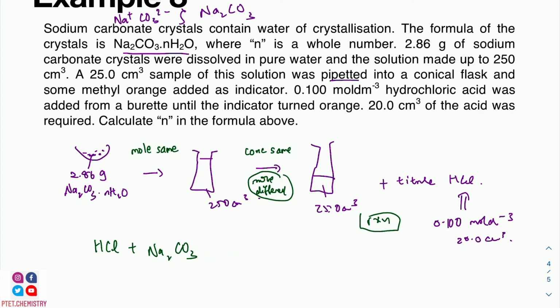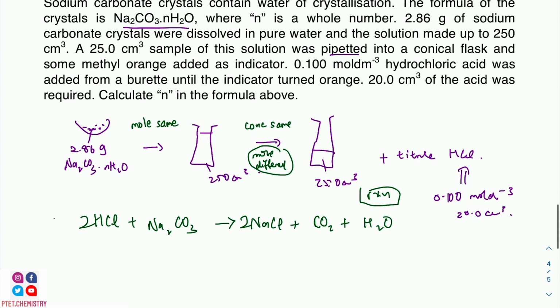That will give you NaCl plus CO2 plus H2O. That's why I don't use the .nH2O there, because when you dissolve in water, this is all you have. Balance the equation: 2 sodium there, 2 chlorine, so I need 2 of the HCl. So now there's 2H, and 1 O goes there, that will give me 1 CO2. Okay, so that is balanced.